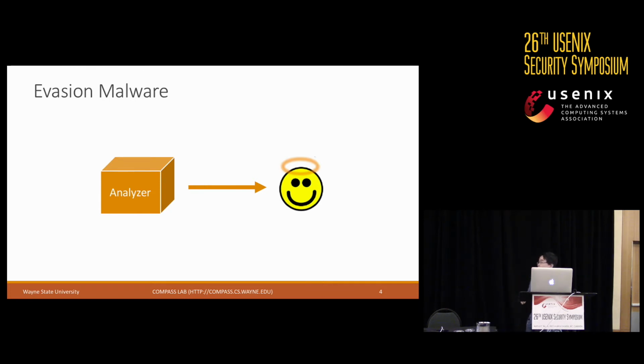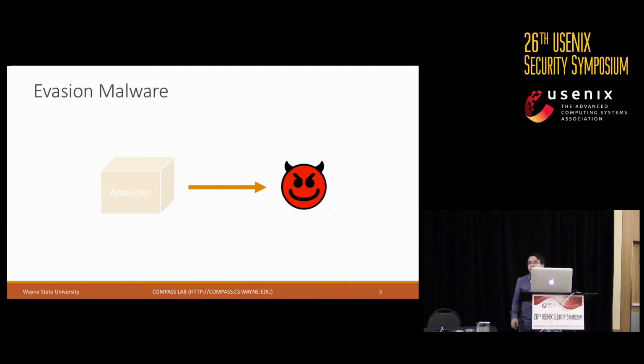If the malware analysis system is present, the evasion malware will try to hide its malicious behavior and pretend to be something like a benign application. However, on the end user's device, normally the malware analysis system is not there, and the evasion malware will try to exhibit its malicious code and start to manipulate the user's device.